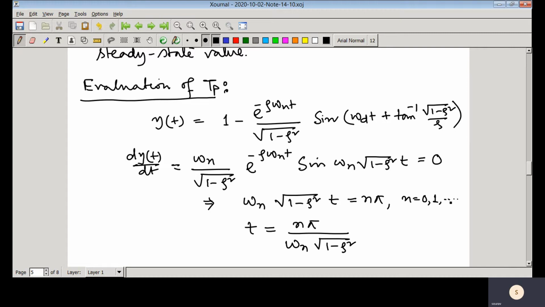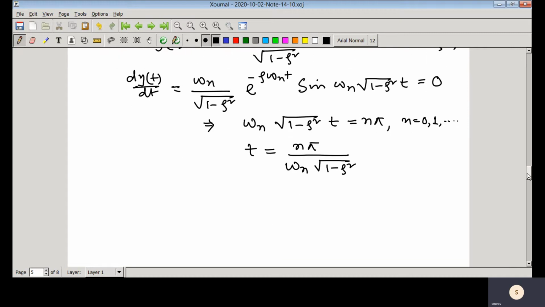And one interesting thing you can see here, when n equals 0, then t equals 0. So that means at t equal to 0, the slope is 0.